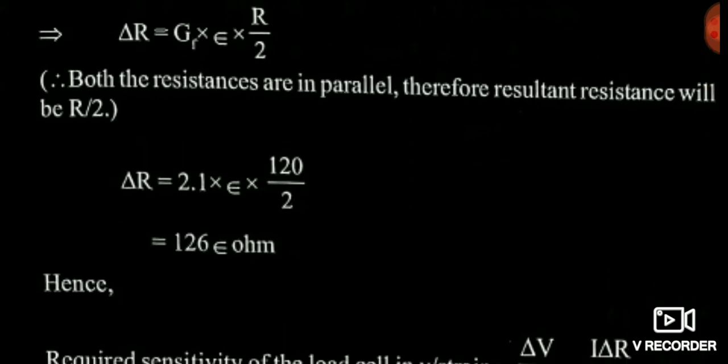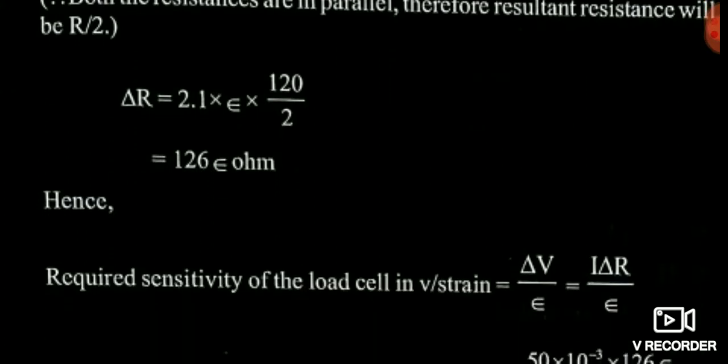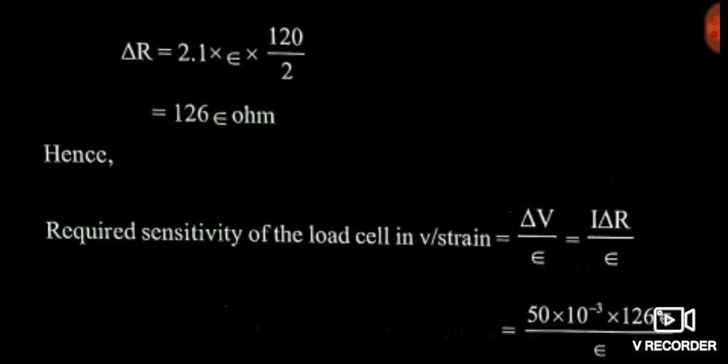That's why, for the net resistance of both resistances in parallel connection, 1 by R net is equal to 1 by R1 plus 1 by R2. So the net resistance is R by 2, that is 120 by 2. Delta R you can calculate: 2.1 is our gauge factor, sigma is our strain, and R by 2 is our net resistance in parallel.